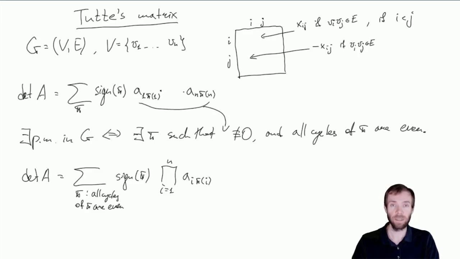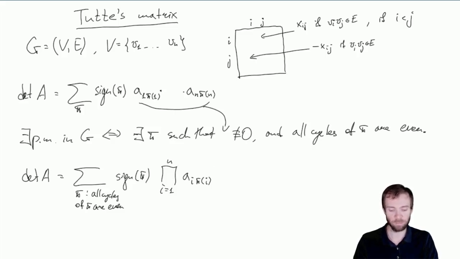And if permutations are comprised only of even cycles and do not differ from each other just by reversion of the cycle, but rather have different contents of the cycles, so the cycles produce different partitioning of the graph vertices, then we would have different monomials here.